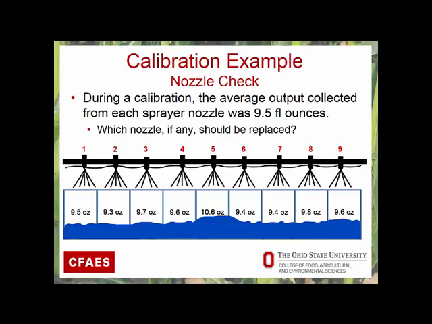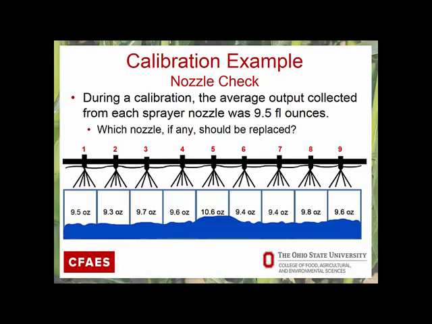Now, I already mentioned that an important part of calibration is to determine if the delivery from the individual nozzles is uniform. This slide gives you an example problem like you might actually see on your core exam. So what it's telling you is that during a trial calibration, the average output that was collected from each sprayer nozzle was 9.5 fluid ounces.